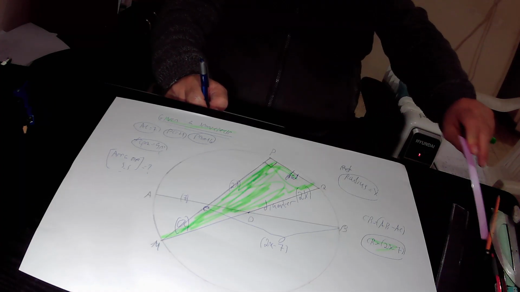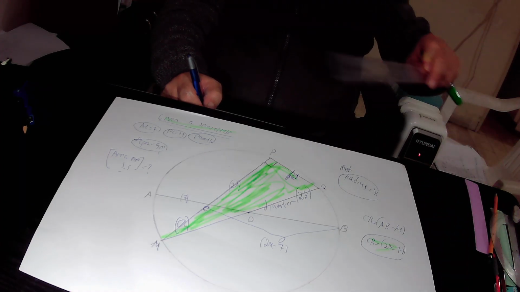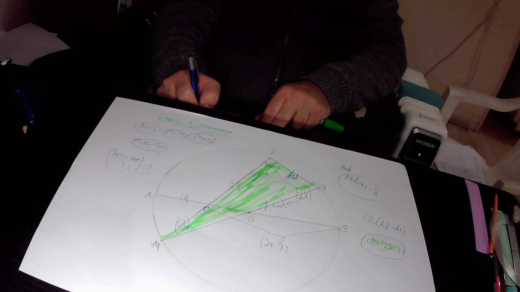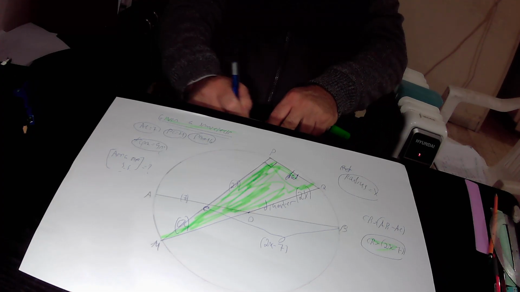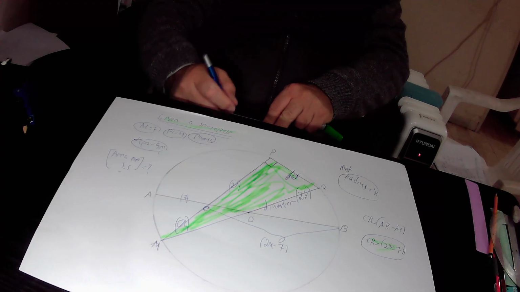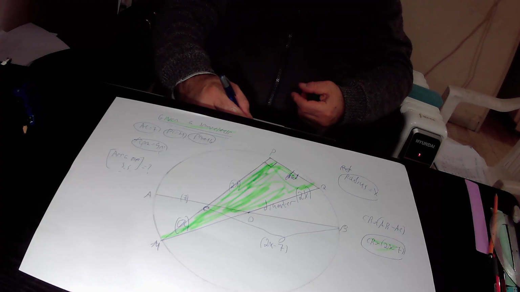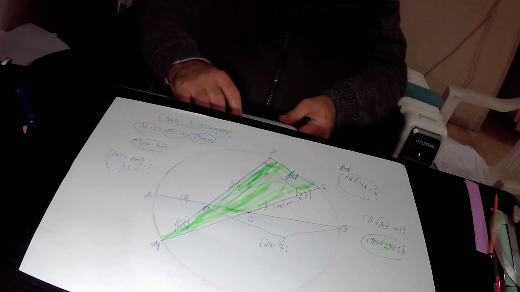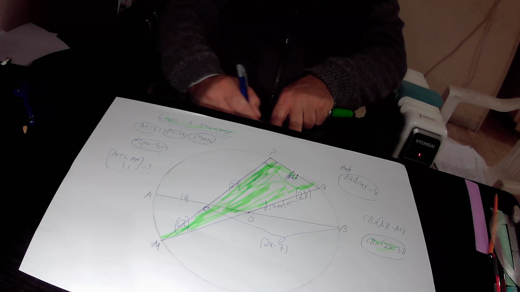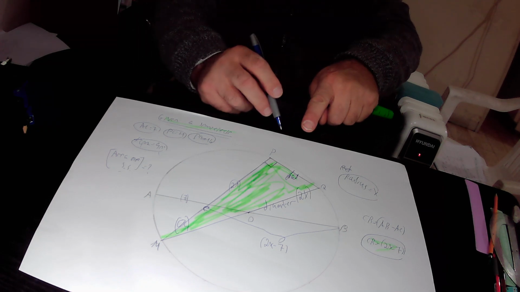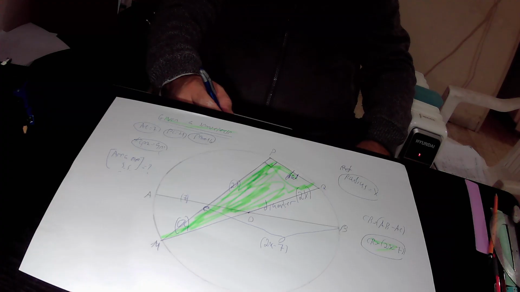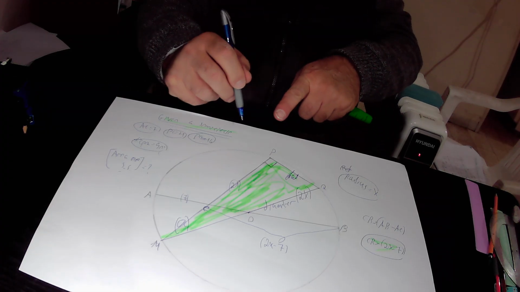According to the Pythagoras theorem, in this right triangle MPQ, QM squared, that is the square of the hypotenuse, equals PQ squared plus PM squared.